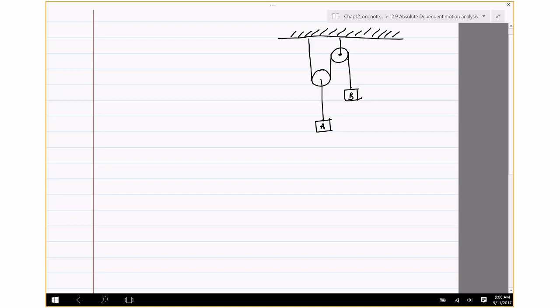Okay, so this is a setup consisting of 2 pulleys, as you can see, and there are masses attached, A and B.